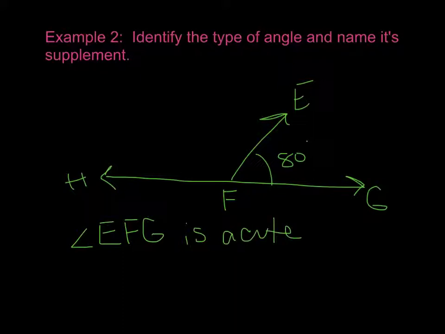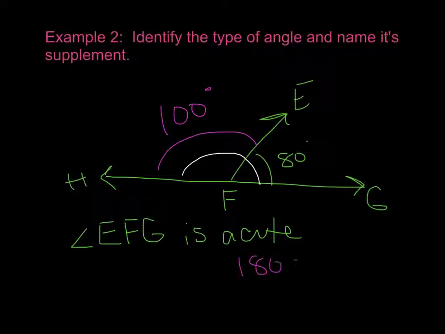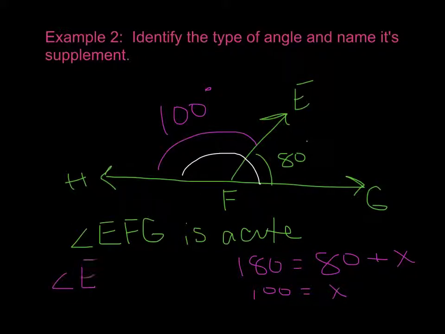And since HFG is a straight angle, it measures 180, then angle EFH is 100 degrees because 80 plus x equals 180, so x must equal 100. So angle EFH is a 100 degree angle.